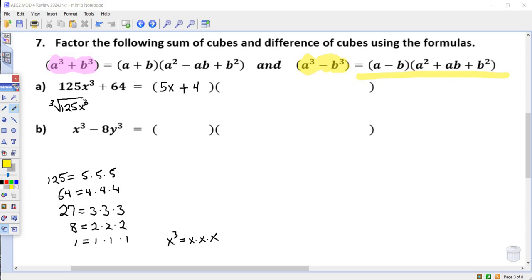And by the way, we use the acronym SOAP to remember these signs. So in a sum of cubes, we start off with the same sign as what we started with, like 125x cubed plus 64. I started off with a plus, and I'm factoring this sum of cubes.